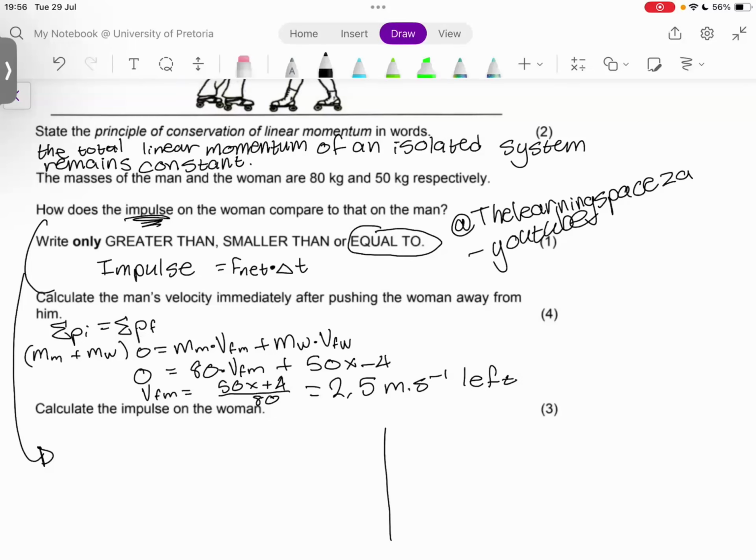I'll have F net times delta T is equal to the change in momentum. If I expand this, I then end up with M(VF minus VI). This is just option 1, by the way.